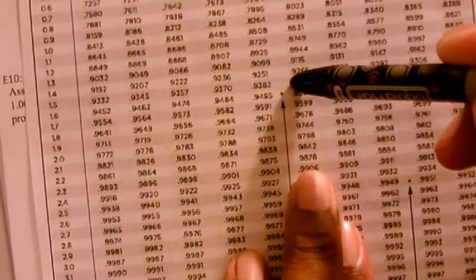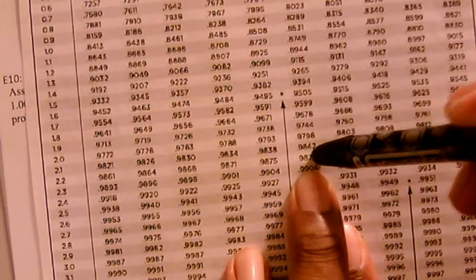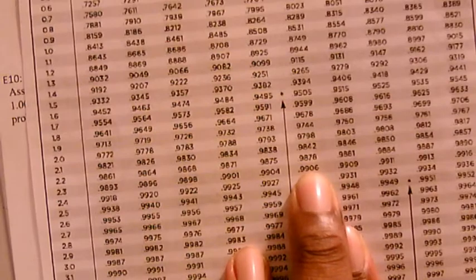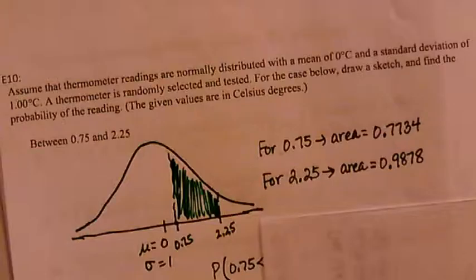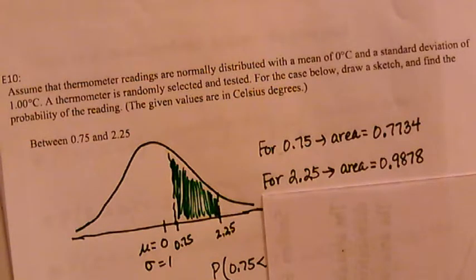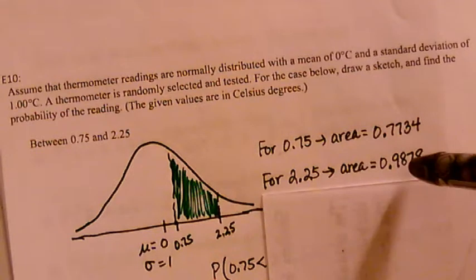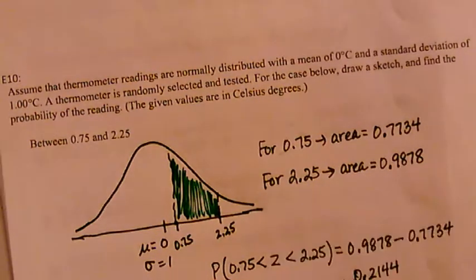So go to 2.2, go across to 2.2, find 0.05, go down to 0.05, you'll see 0.9878. So that's the area to the left of 2.25, 0.9878. Now what we're going to do here to get this area that's in between, we're going to subtract those two.